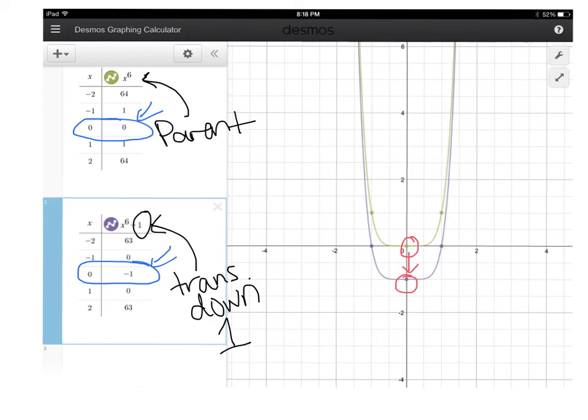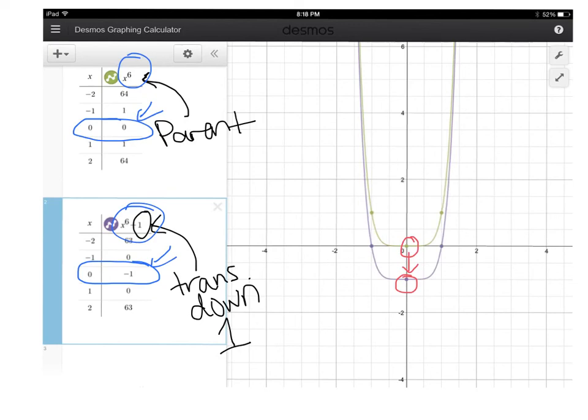All I'm asking you to do for this lesson is to look at these different monomials, which the parent functions are always going to be, one term. Then you're going to be asked to graph some sort of polynomial, in which case this x to the 6 minus 1 is considered a binomial because there are two terms, x to the 6 and minus 1.